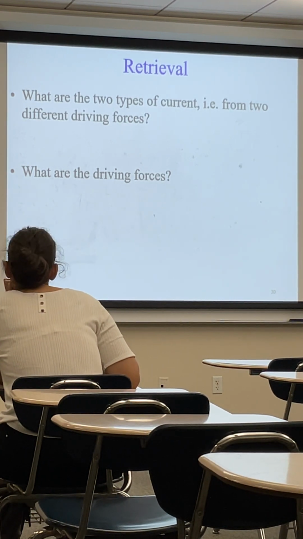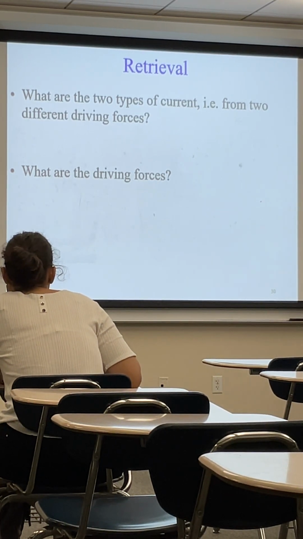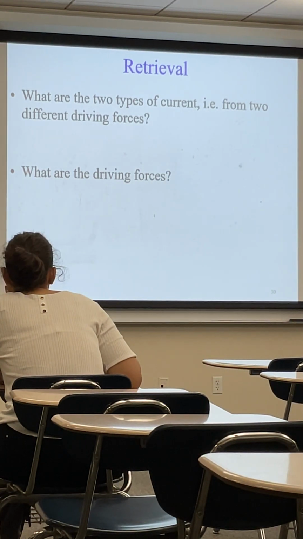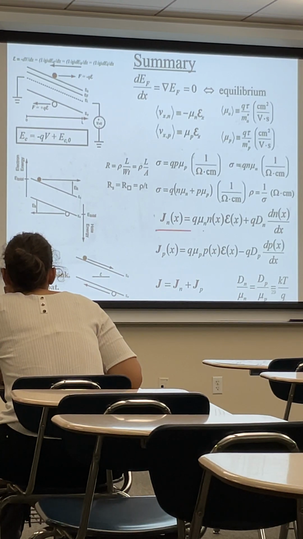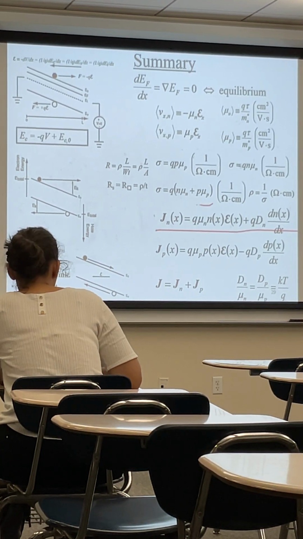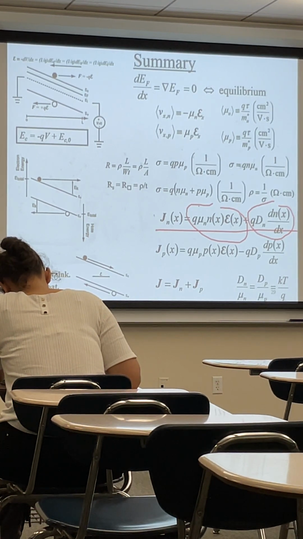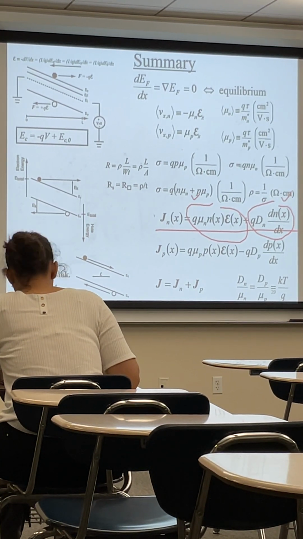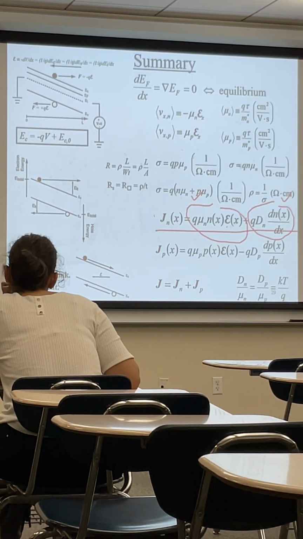Mobility? No. Okay, so go back to the equations. For example, this is the expression. So which one is the diffusion current? The right one, right? So this diffusion current and this drift current. You can see for the drift current, the driving force is E, the electric field.